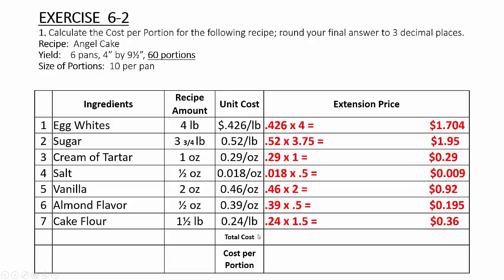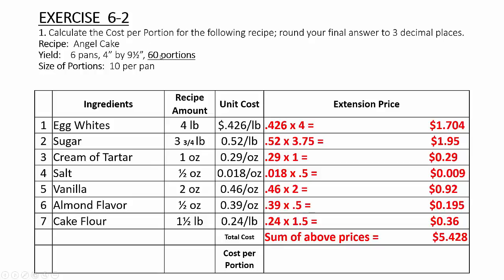What will it cost us to make this entire recipe? We add all of our extended prices. We add the total cost of each ingredient so that we get the sum of it right here, and essentially there's what we're getting. $5.428 is what it's going to cost us for these ingredients to give us 60 portions of angel cake.